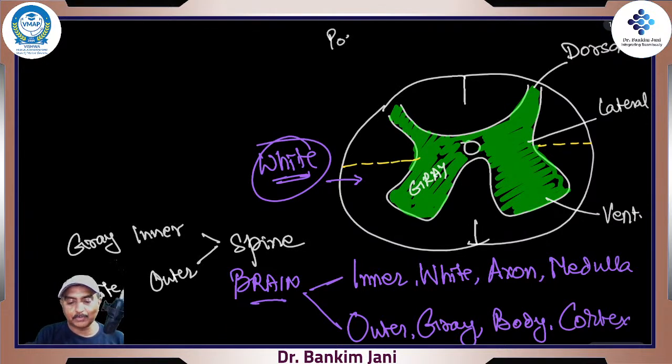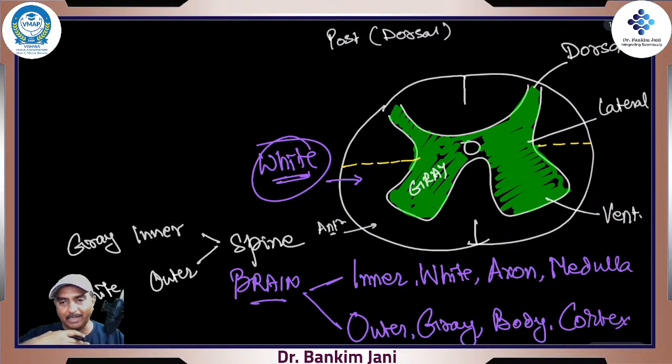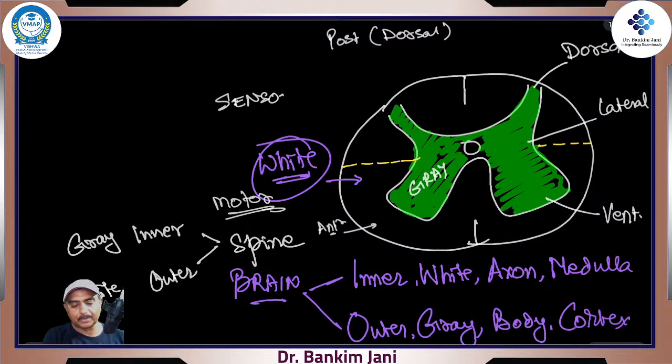This one is posterior or dorsal, and this one is anterior or ventral. Something in the anterior, ventral, will be carrying the tracts for motor, because anterior is the motor part, and posterior is the sensory part.